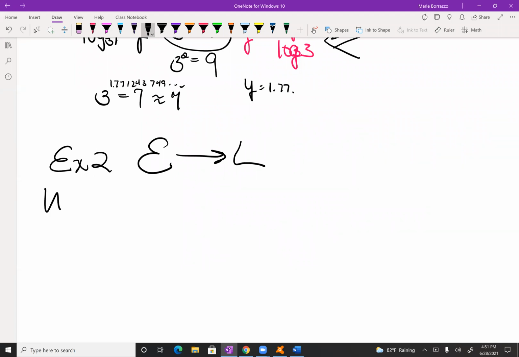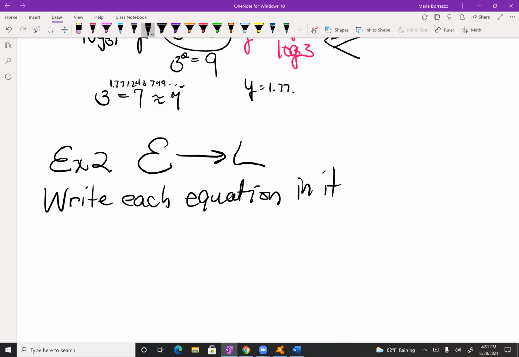So the question stem says write each equation in its equivalent logarithmic form.